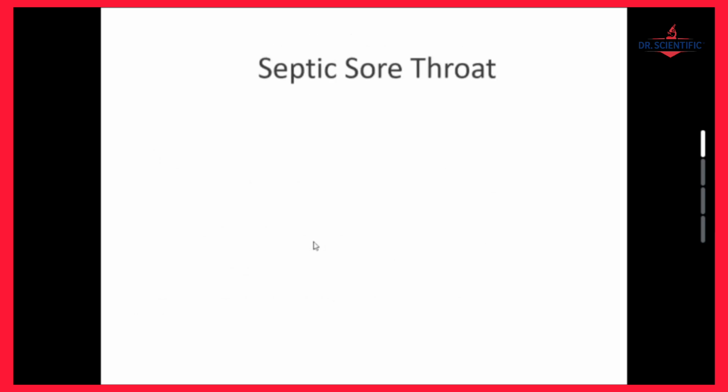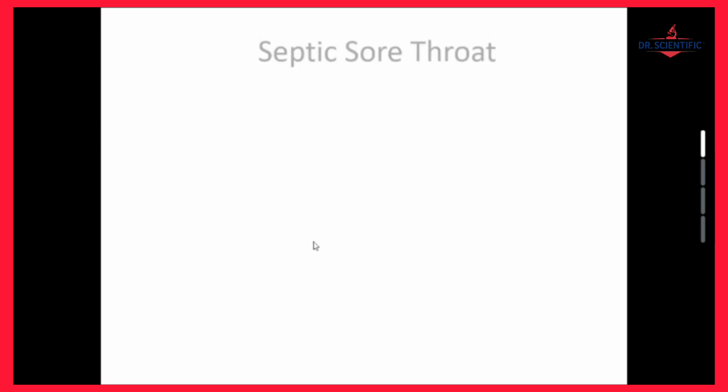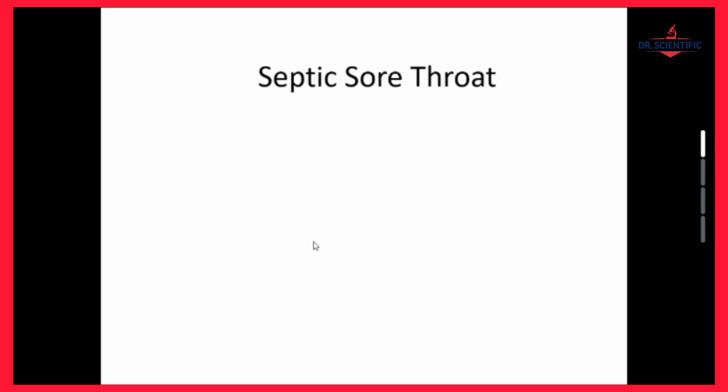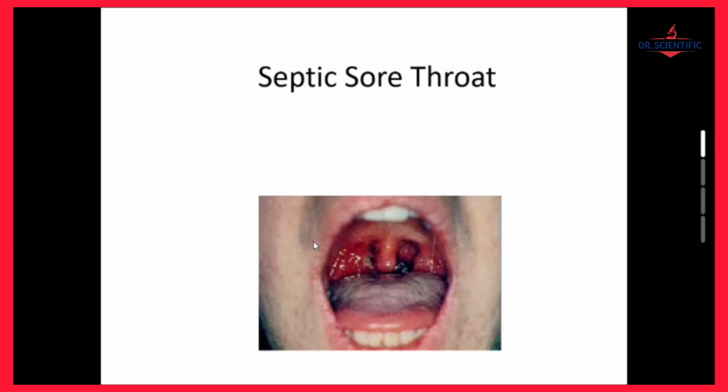So if that's not enough, we have what we call streptococcal or septic sore throat, which is ulcerative inflammation of the throat with severe symptoms like high mortality rate. So this septic sore throat, that's how it happens.